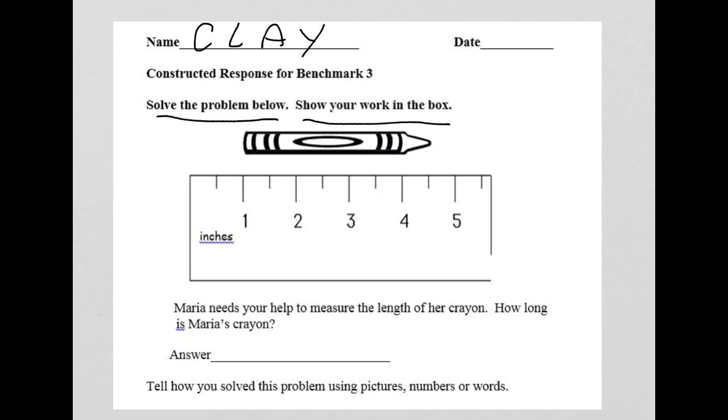So it's not just a matter of coming up with the answer, but showing my work as to how the answer is found. So it says, Maria needs your help to measure the length of her crown. How long is Maria's crown? And it's that place for my answer. And then it says, tell how you solved this problem using pictures, numbers, or words. That lets me know it is a short answer or constructed response question.